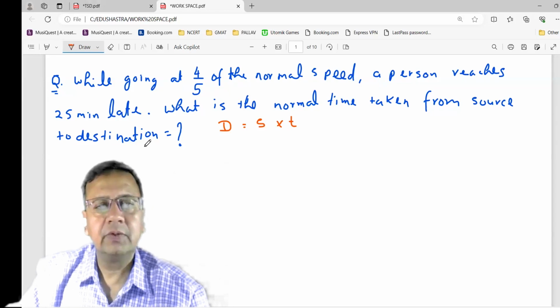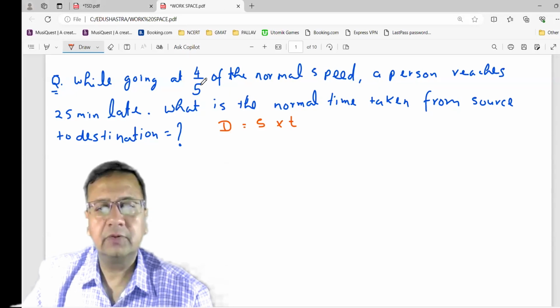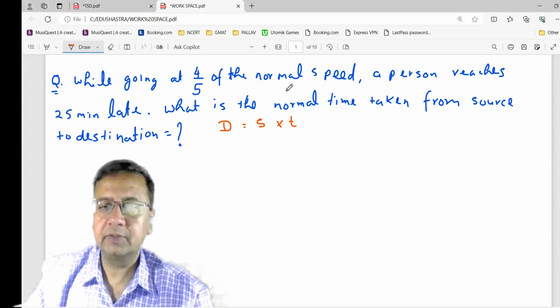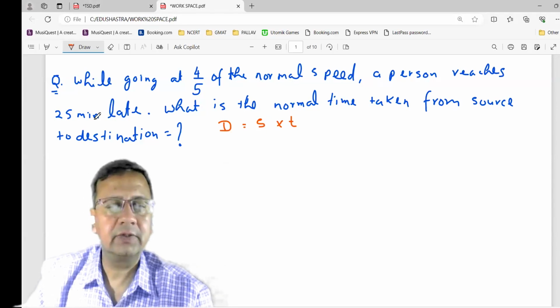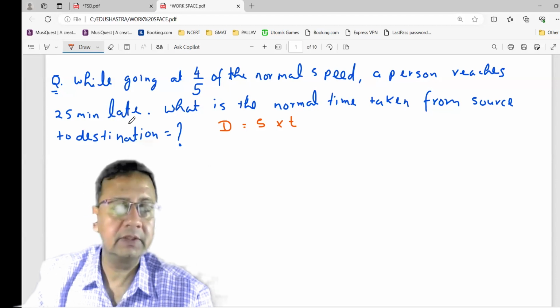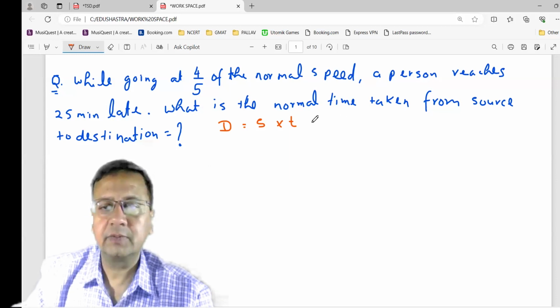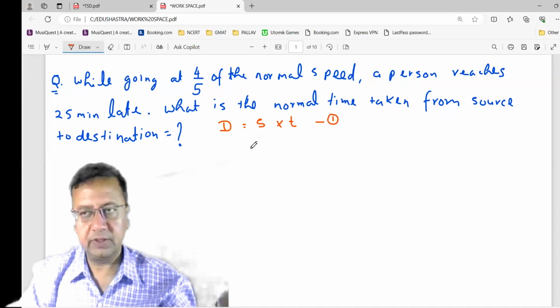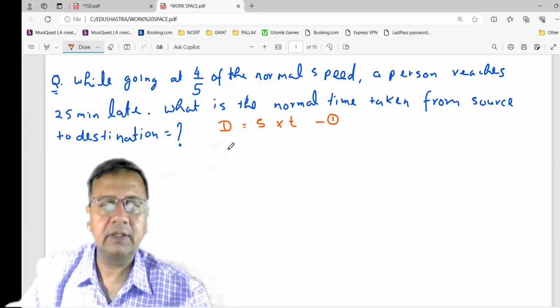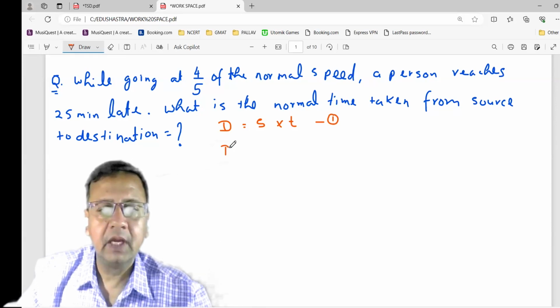So this says while going at 4 by 5 of the normal speed, so there must be some normal speed S, right? A person is 25 minutes late. So suppose this is my first equation. Distance is constant. You are going from home to say office or maybe college, right? So distance is the same.